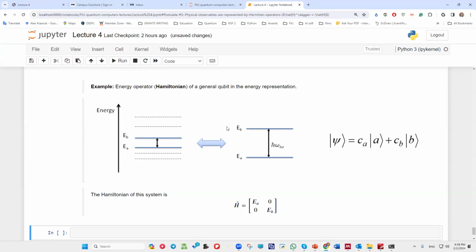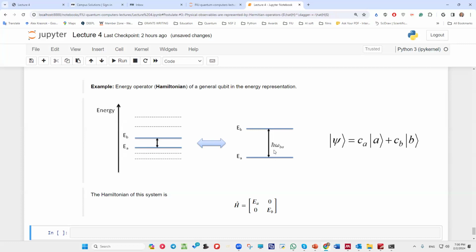As we work within this energy gap, we are only interested in these two states, or we can only affect these two energy states. And in this approximation, the system is a good representation of a qubit, a system with two energy levels.